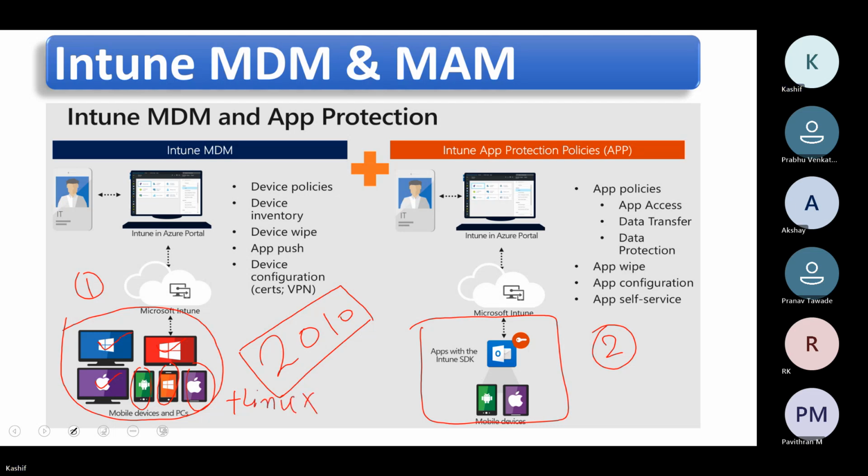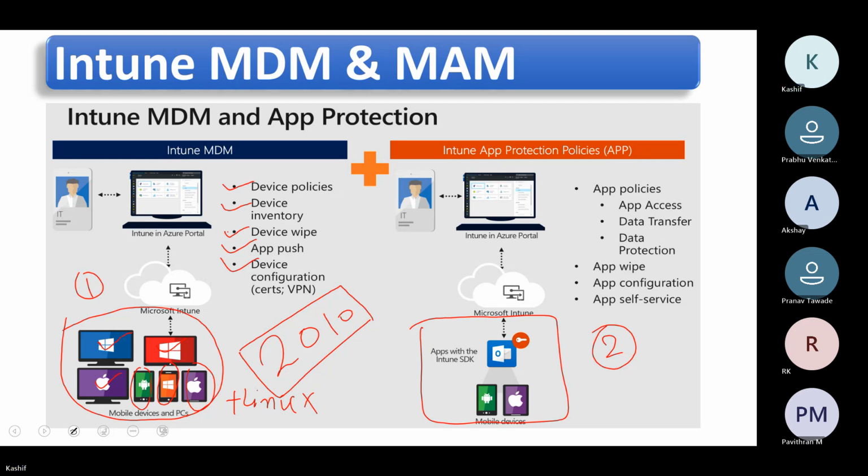Okay, Linux devices. So in device management, there are many things which we can do from Intune, like we can deploy device policies, do device inventory, then device wipe, application push, device configuration. There are many other things which we can do on device level, which are not included in this slide.